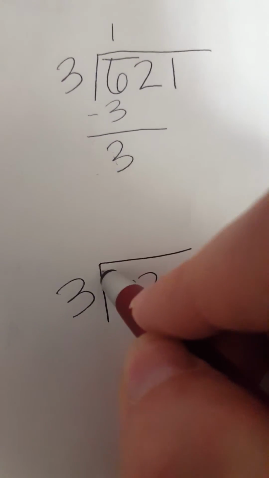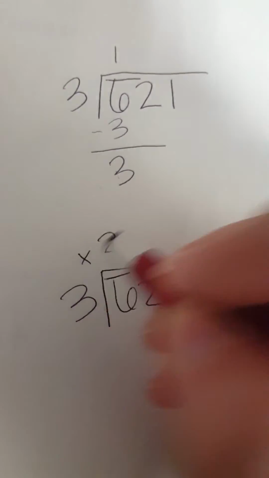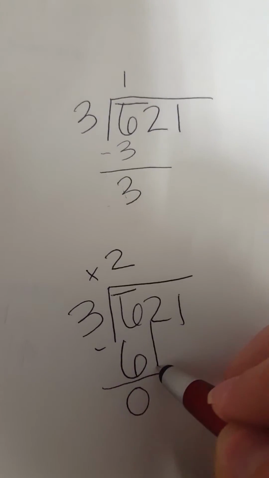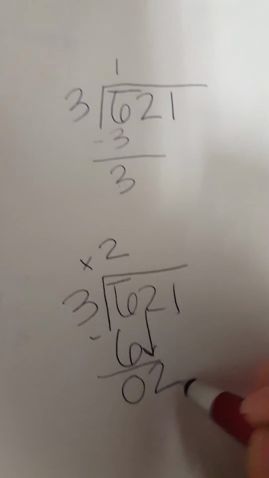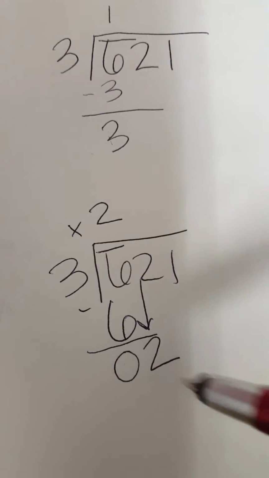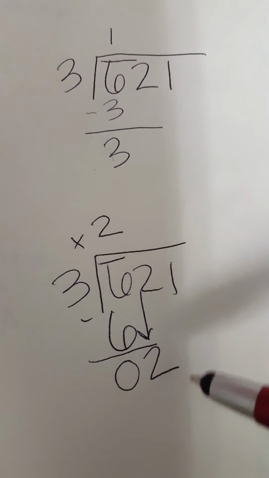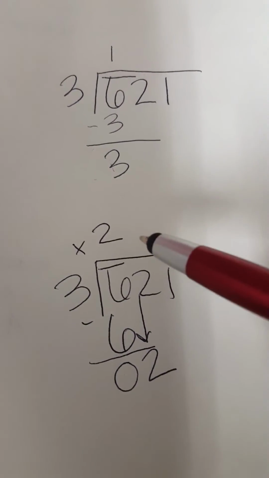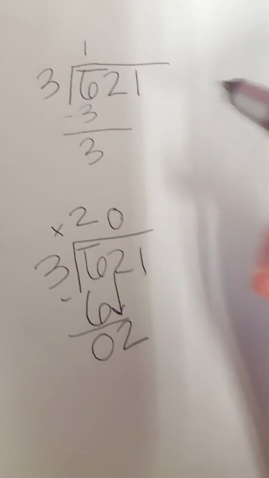So instead, I need to do 2 times, and 2 times 3 is 6. Bring down my 2. And then if I see that I cannot divide into this number without getting a fraction, 3 cannot go into 2 without a fraction, then I'm going to put it go 0 times.